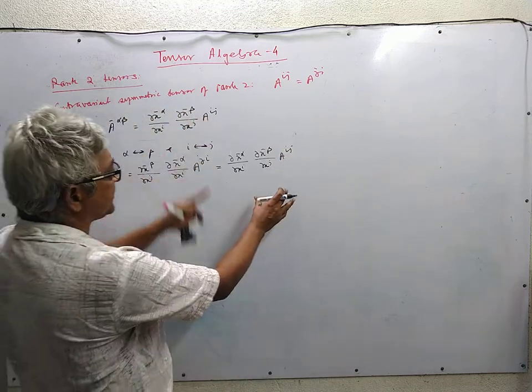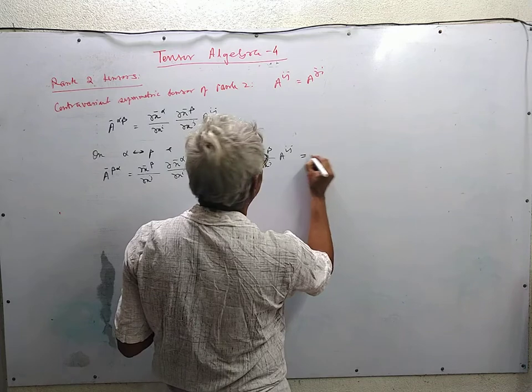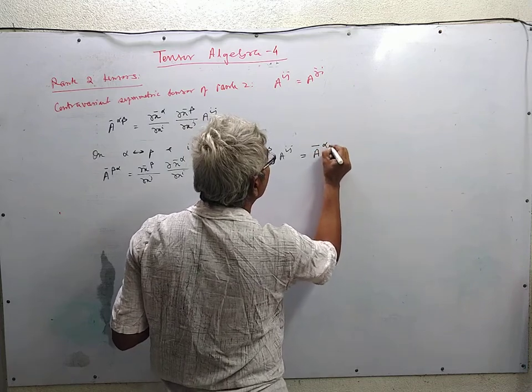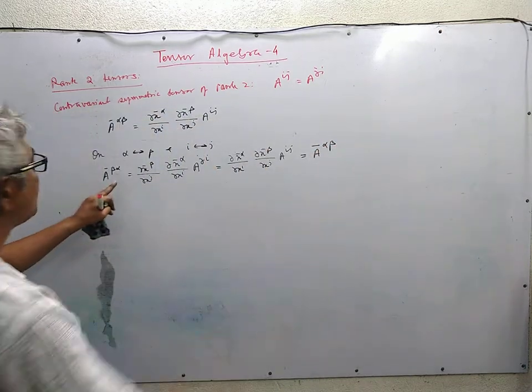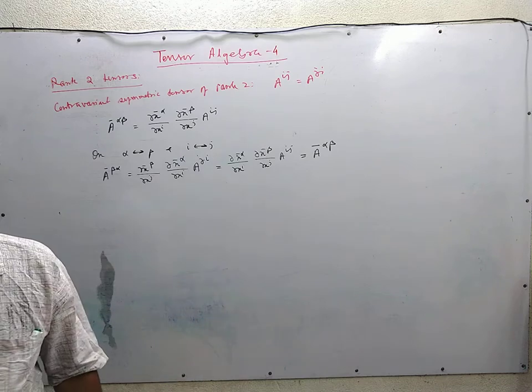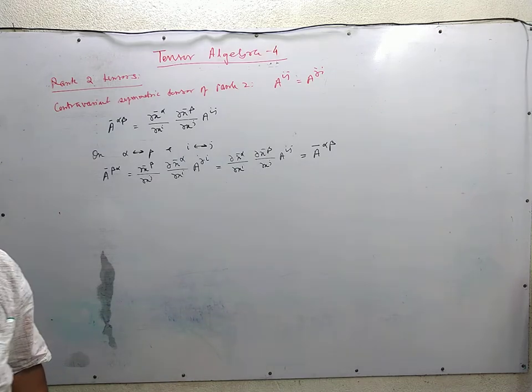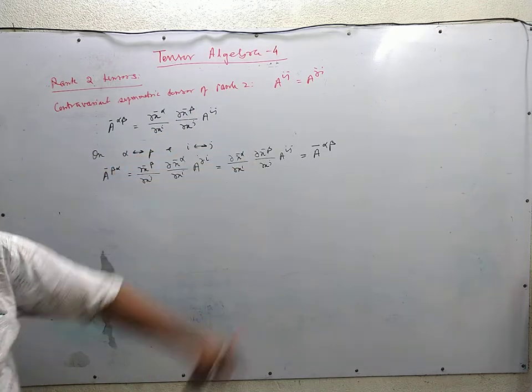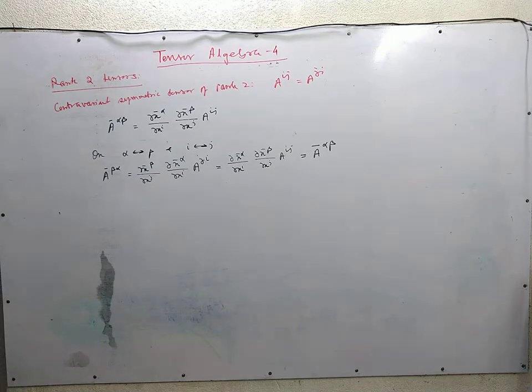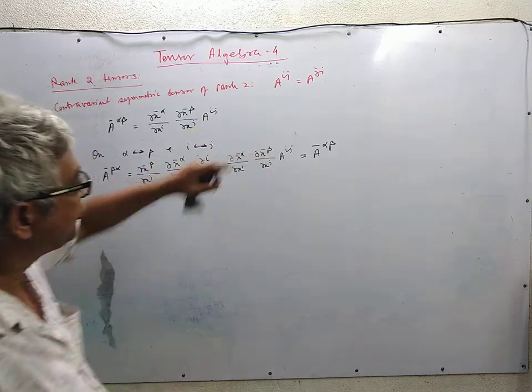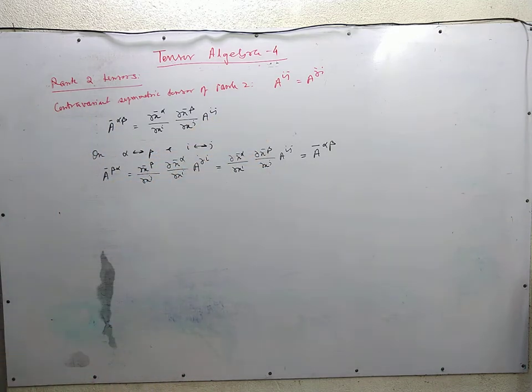This is nothing but the expression for A bar alpha beta. So A bar alpha beta is equal to A bar beta alpha. If a contravariant tensor of rank 2 is symmetric in one coordinate system, it is symmetric in the other coordinate system.